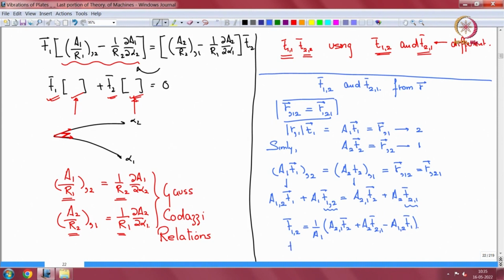Also T2 comma 1 is equal to 1 by A2 of A1 comma 2 T1 plus A1 T1 comma 2 minus A2 comma 1 T2.